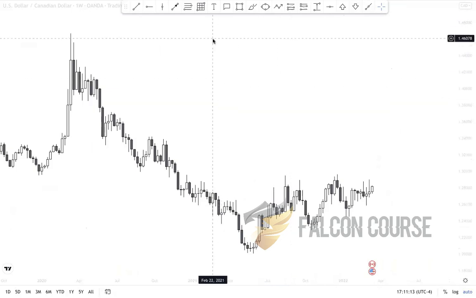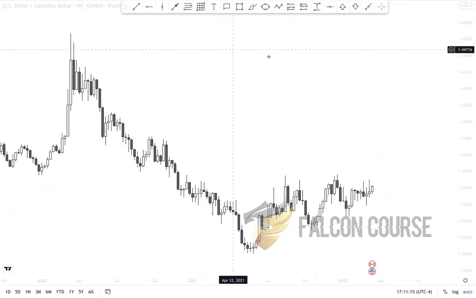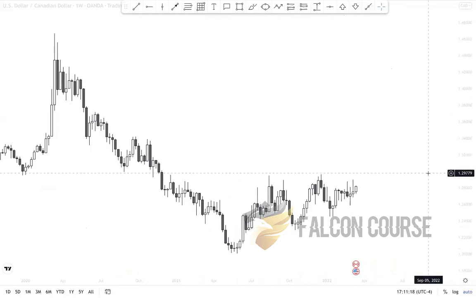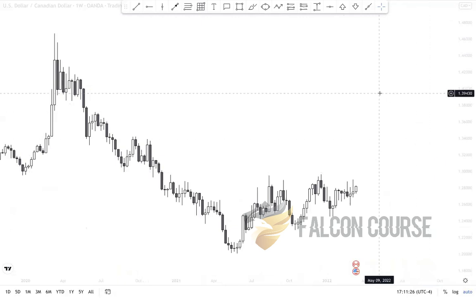Okay, guys, look at this. So this actually is a monthly time frame smart money, no, market maker buy model. On the weekly time frame, US dollar, Canadian dollar, excuse me.